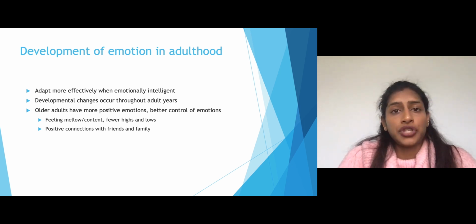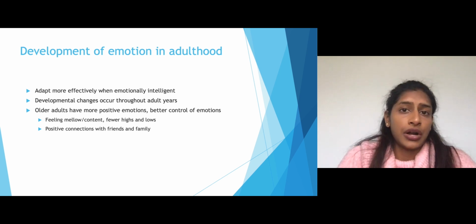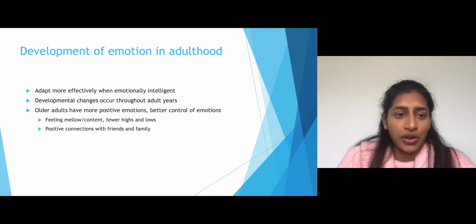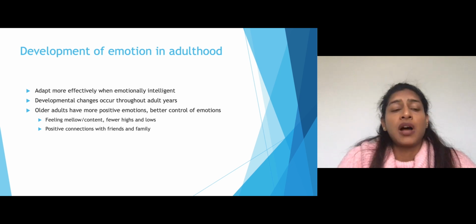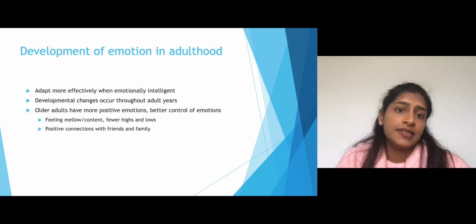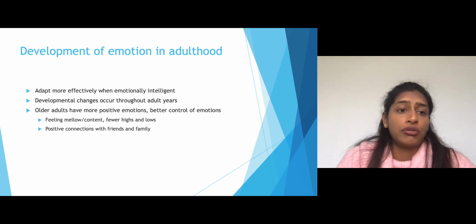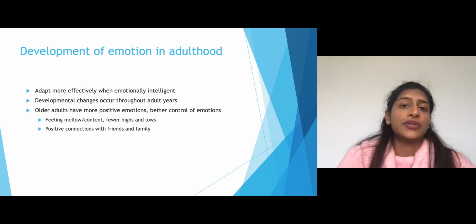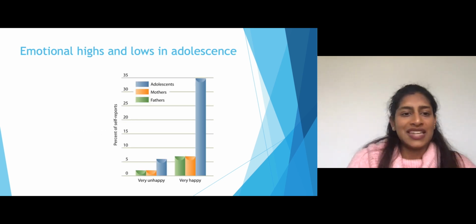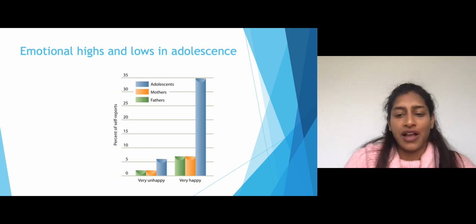There are developmental changes that continue to occur as we get into adulthood. Overall, however, our older adults have much more positive emotions, and they're also better able to control those emotions, right? So there's a lot fewer of those ups and downs as compared to what we saw in this graph with our adolescents.